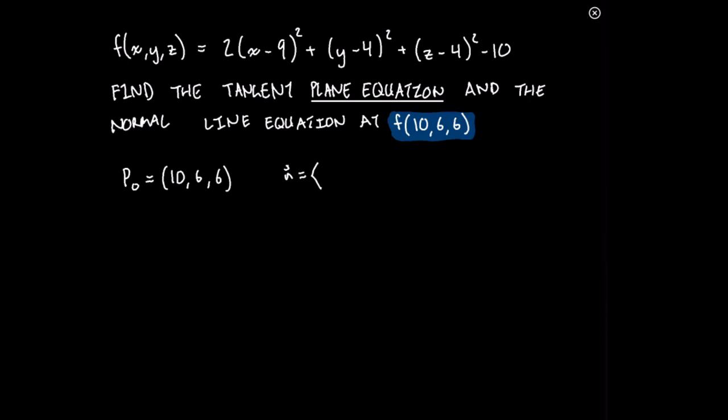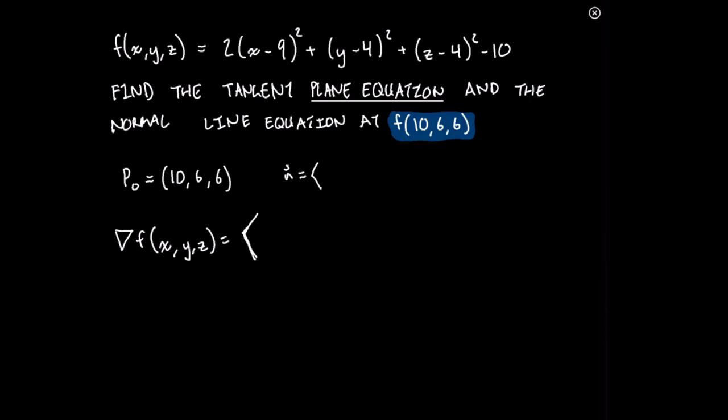Now, it turns out that the normal vector for a function of three variables, at least in three-dimensional space, is the gradient. So if we find the gradient function, which we figured out in a previous video on gradient functions, the gradient of f of x, y, z is equal to, let's see, a vector.